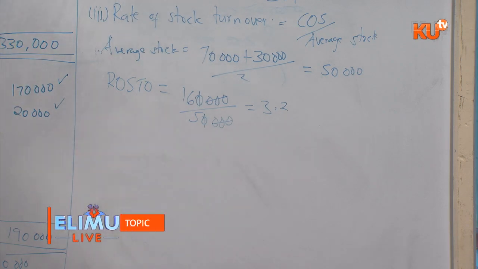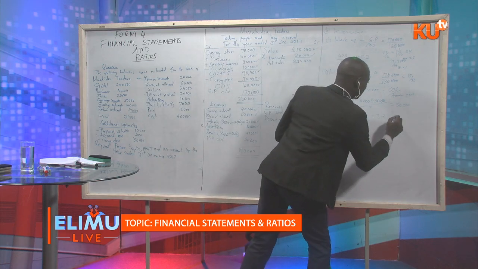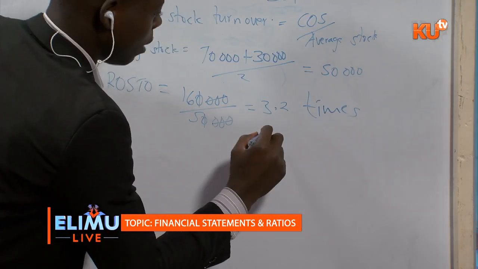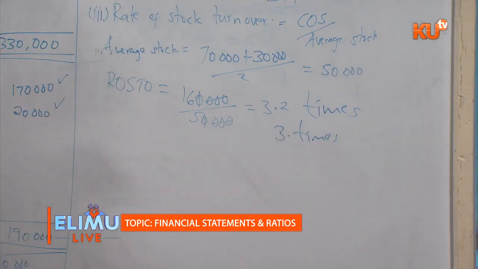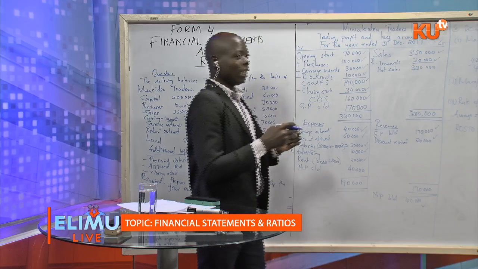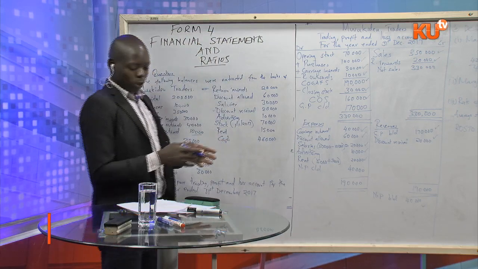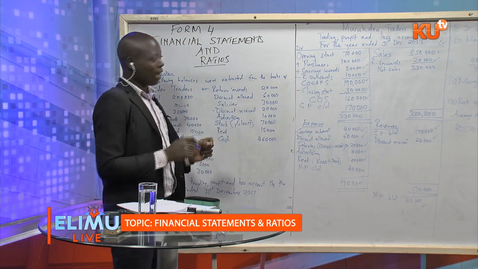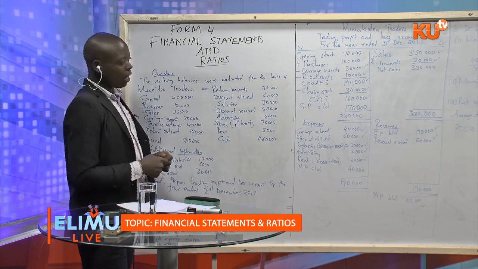Now the figure for rate of stock turnover is given in terms of times. So we say 3.2 times, or simply round off to 3 times, meaning that the stock was exchanged 3 times within that period. We've exchanged our stock 3 times within 1 year. That is now what we call the rate of stock turnover.